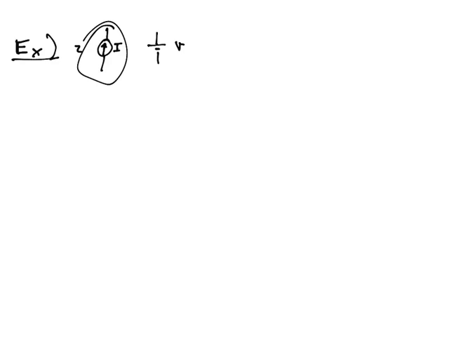Okay, so here's the example of the circuit we're going to use. We have a current source, resistor, let's say, this should be good.